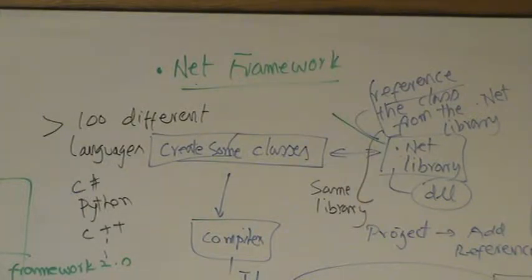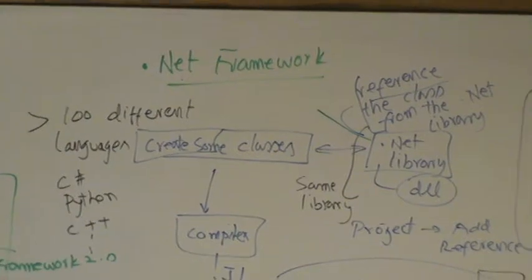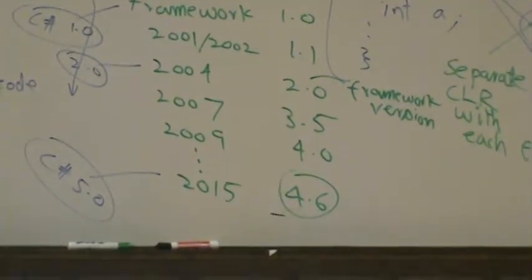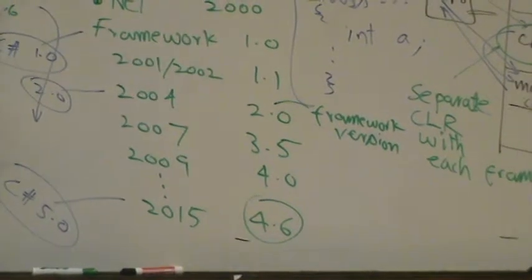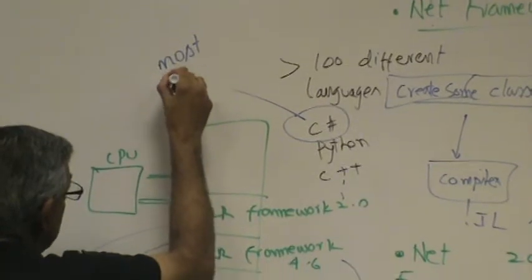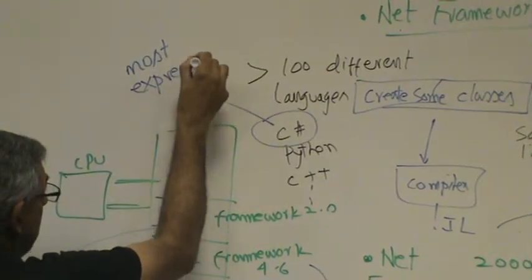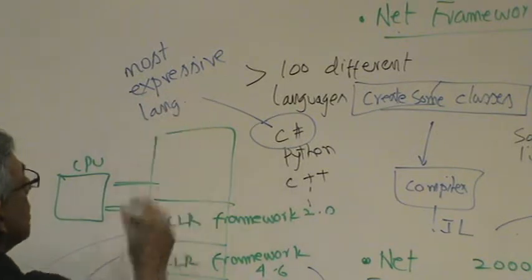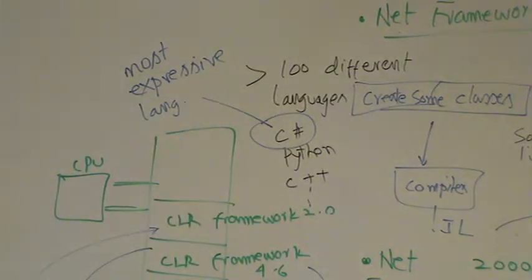The answer is, as you will discover as I keep going, C# keeps evolving every couple of years and keeps adding new features. In my opinion, C# is the most expressive or elegant, however you want to put it. What that means is, in a very small amount of lines of code, you can create something which will take you, for example, 3 times or 5 times the amount of code.